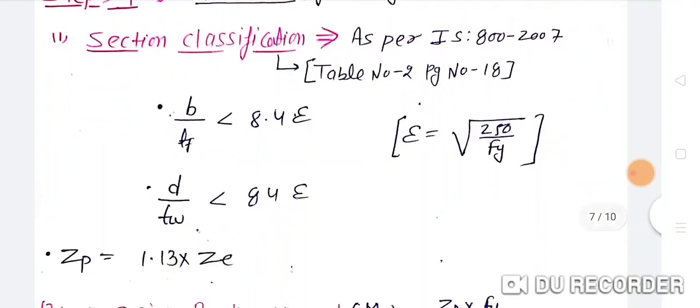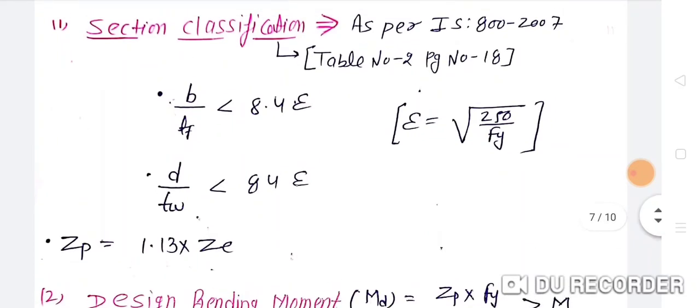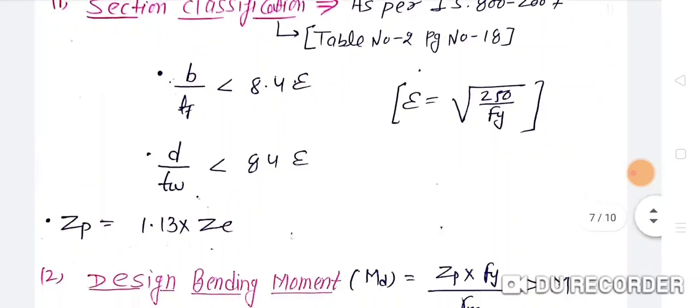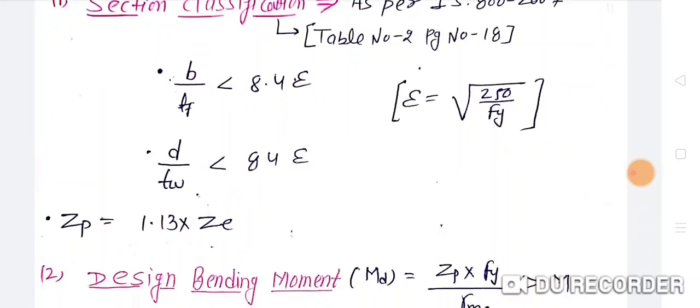In this case we check our section as per IS 800:2007, Table number 2, page number 18, to see whether our section is plastic, semi-compact, slender, etc. Here b upon tf is less than 8.4 epsilon and d upon tw is less than 84 epsilon. Epsilon is equal to root of 250 upon Fy. Fy is equal to 250 Newton per mm square, so epsilon is equal to 1.